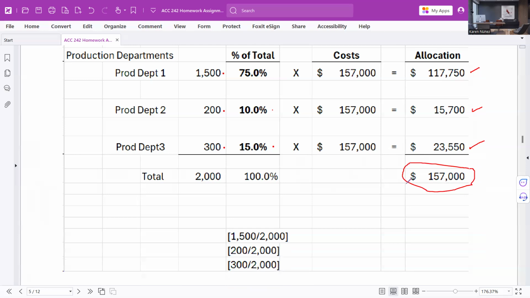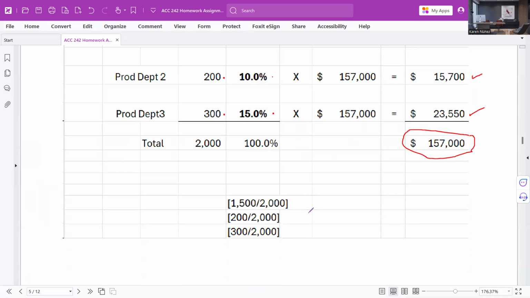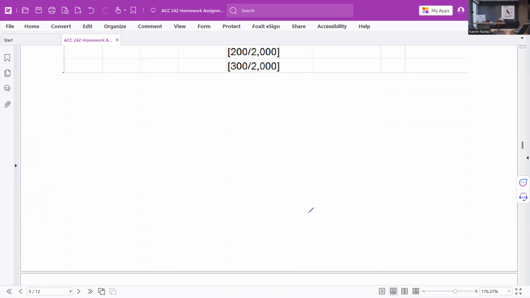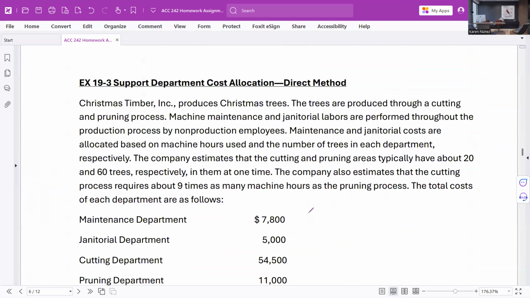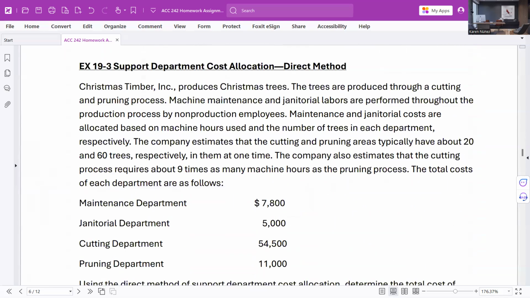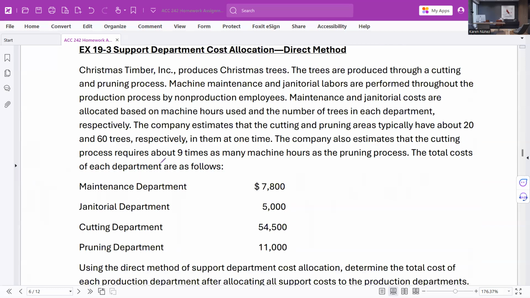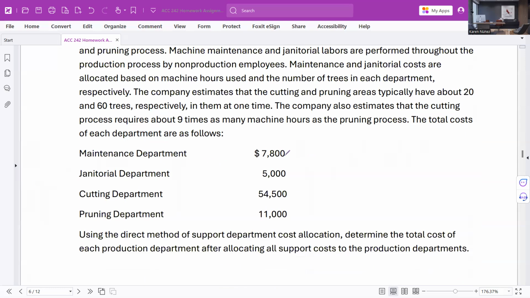Now let's use the direct department method again to allocate the support department costs. But now we've got more than one support department. In exercise 19.3, we have 2 support departments. So we have the support departments here, maintenance and janitorial.